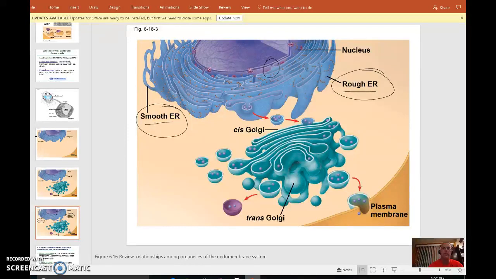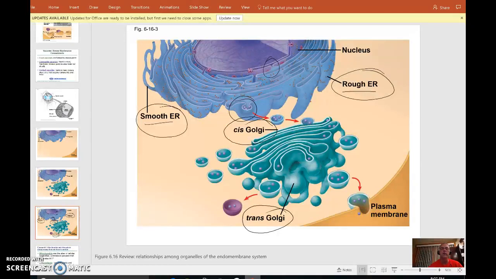You're going to see the ribosomes, which are not part of the endomembrane system, but in this particular case, they are serving a function. We can see that the formation of vesicles will exit the ER, and they're going to be received on the cis side of the Golgi. As they get modified, changed, add new carbohydrates, what have you, they're going to exit the trans side.